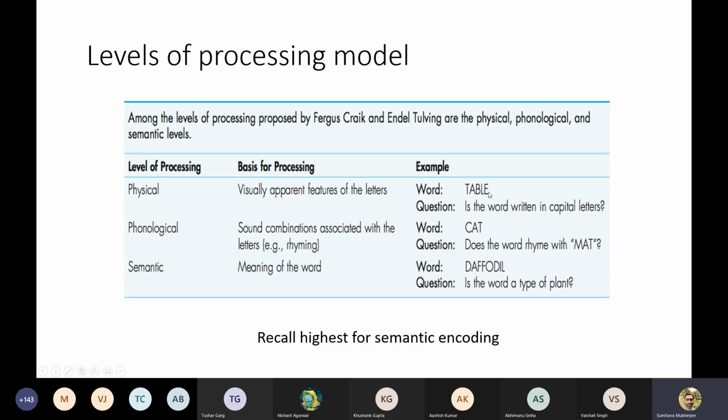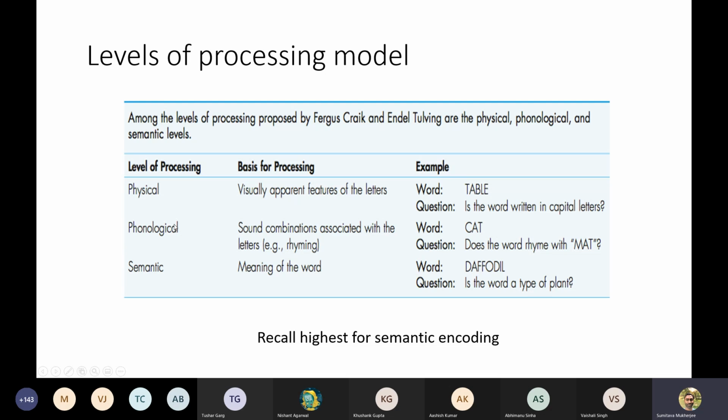I have to remember the word table. The only processing that you do is to look at the form table and say, oh, is it capital or small? All right. So this is a pretty superficial level of processing, which is the physical level of processing, which is mainly to do with physical properties of whatever you have to remember.